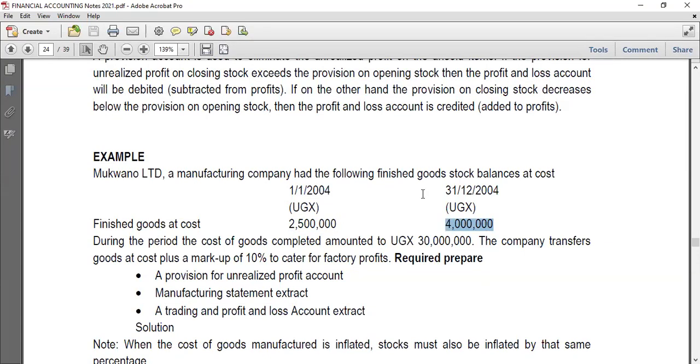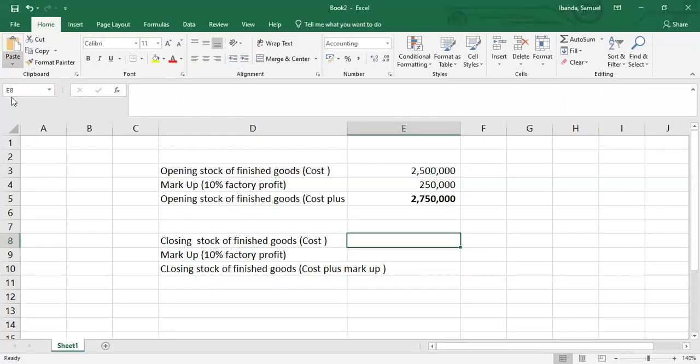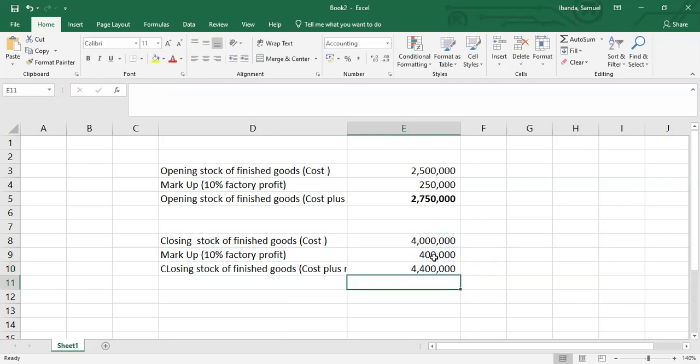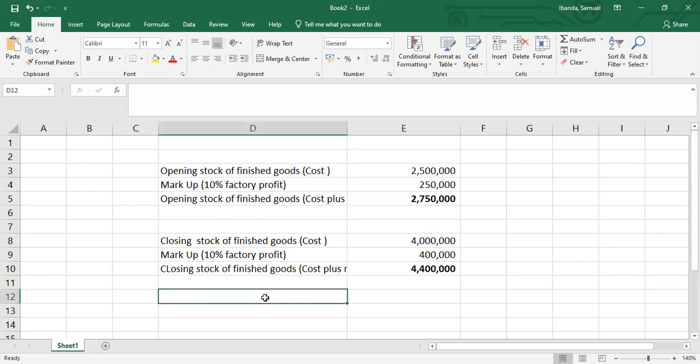So I'll pick my 4 million and drag it right here and do the same thing. I'll get 10% of this, times 0.1, which gets me 400. And then we add this together to become 4.4, okay? So that is what we basically have.